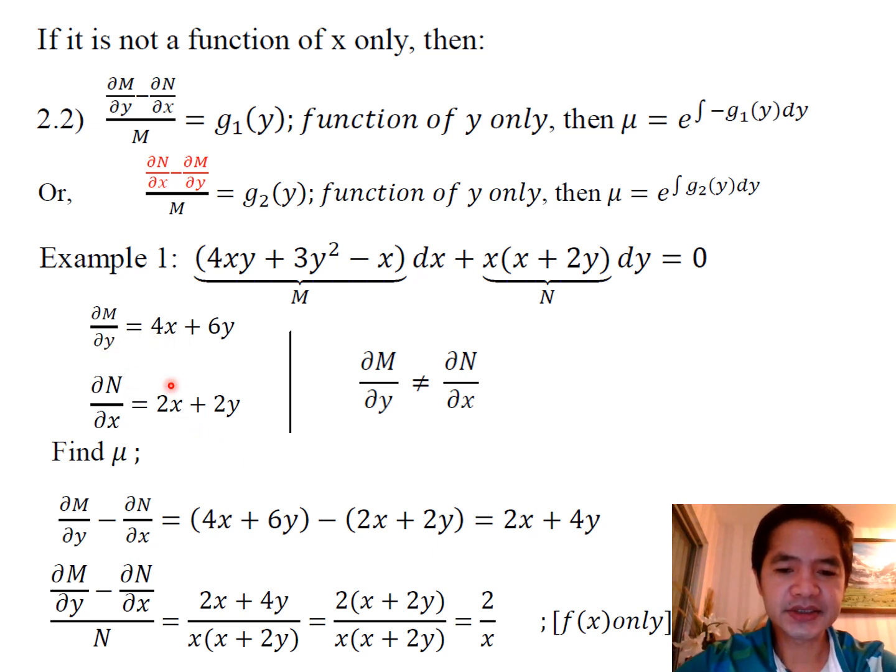Okay, in this you can see the results. The first term and the second term are not the same, so this is not an exact equation.